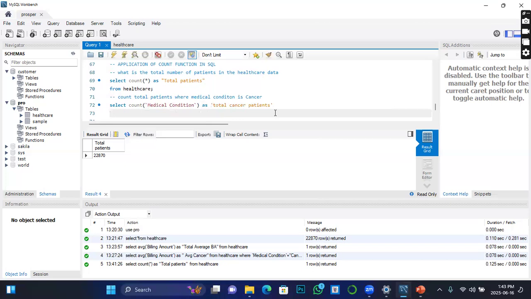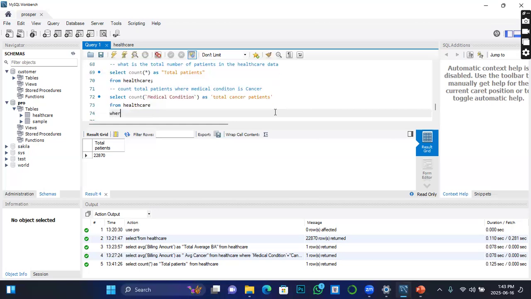Then remember the syntax the other time. We call the data set from healthcare, where medical condition is equal to cancer.